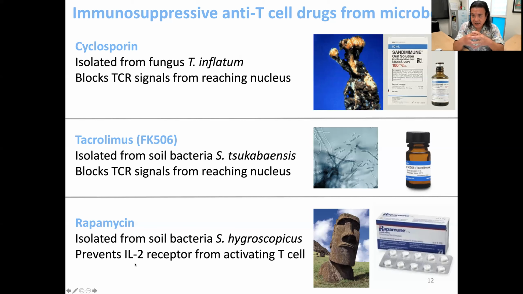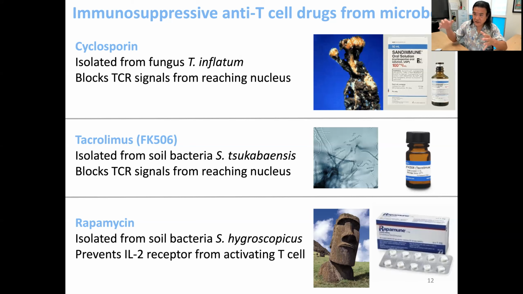Remember, when a naive T cell is first activated, one of the first signals that it needs to start proliferating and really fully differentiating and activating is interleukin-2. So the T cell itself, as it activates, it begins to make IL-2, and so it can actually signal itself in an autocrine fashion, right?